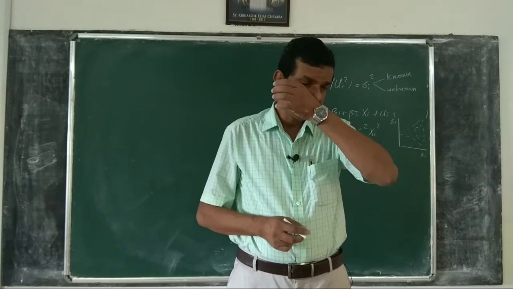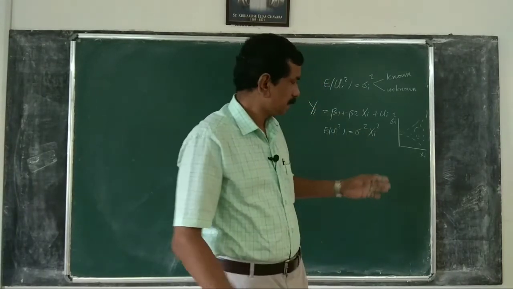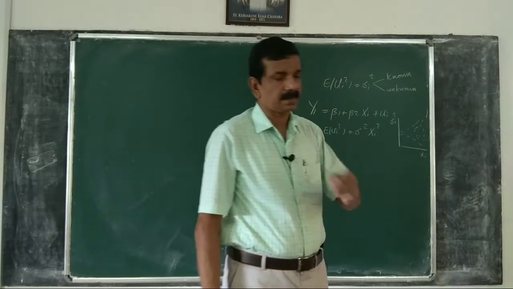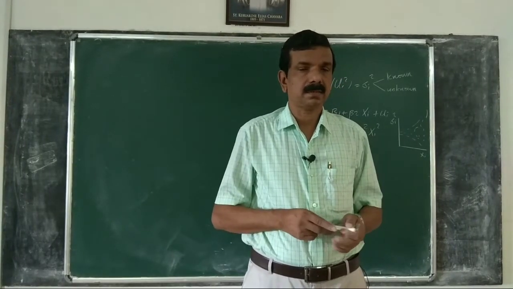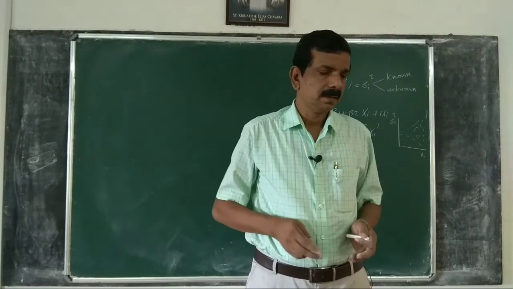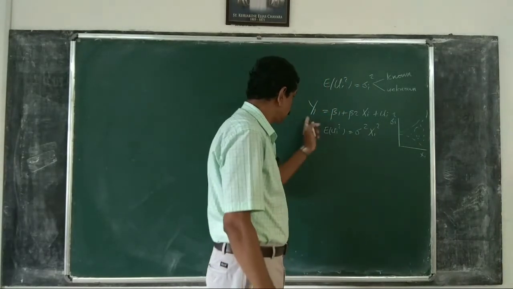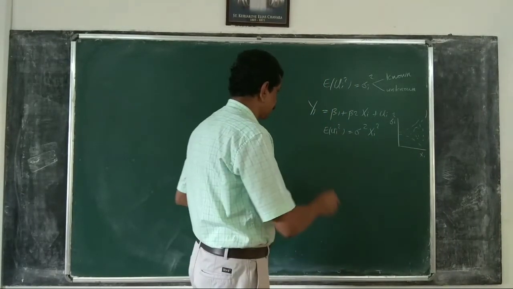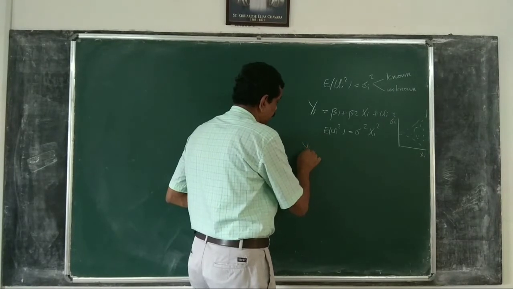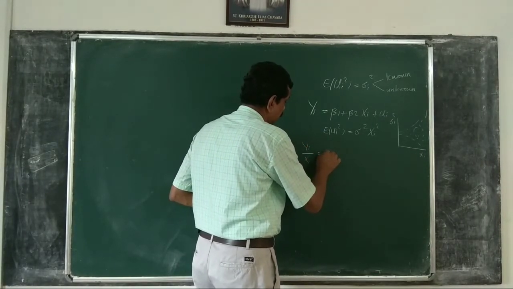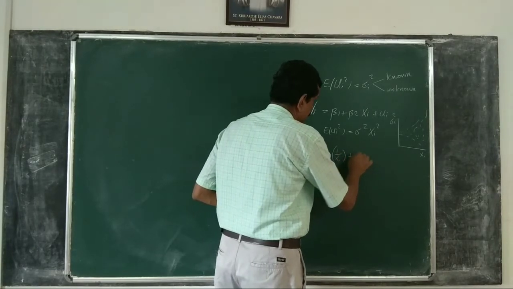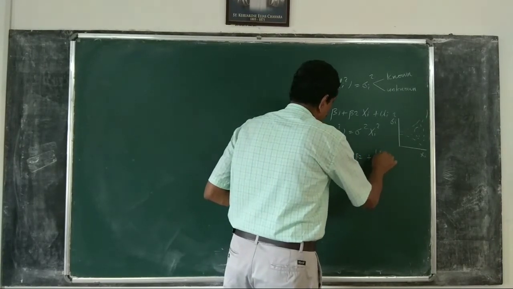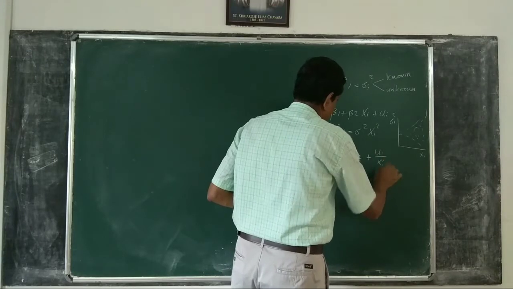Now, if we assume that error variance is proportional to the square of x, in the spirit of the Park test or Glejser test or the graphical method, then the solution is to divide throughout by xi. yi by xi is equal to beta 1 into 1 by xi plus beta 2 plus ui by xi.